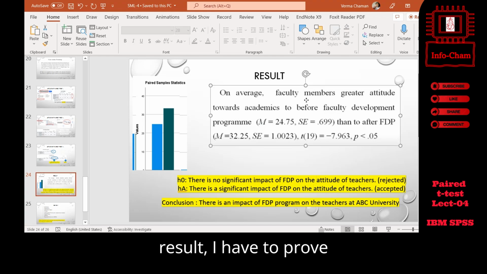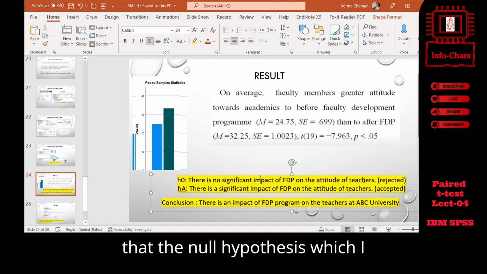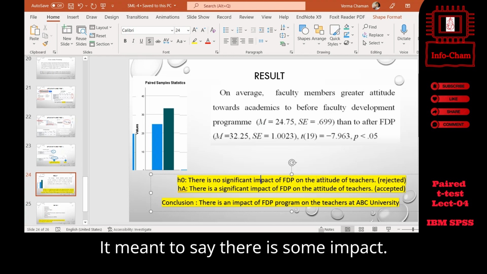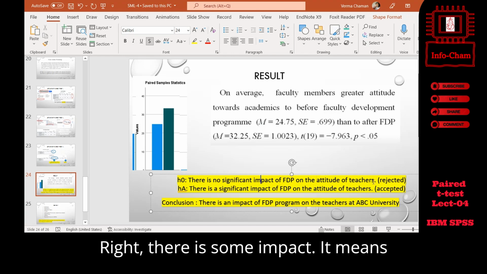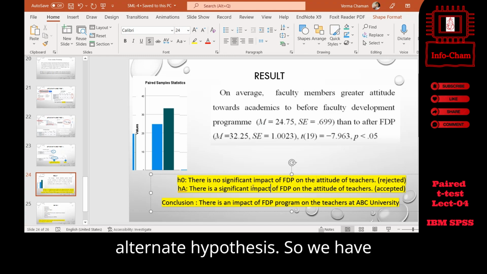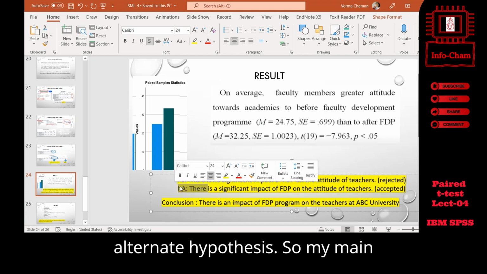So based on this result, I have to prove that the null hypothesis which I considered has been rejected. It means there is some impact, right? There is some impact. It means that we have to accept our alternate hypothesis. We tested that one and we had proposed the alternate hypothesis.